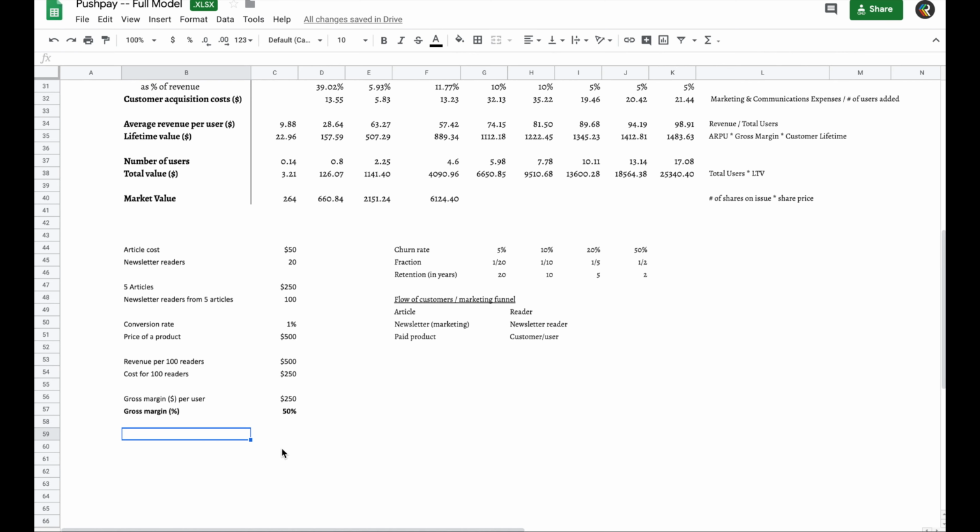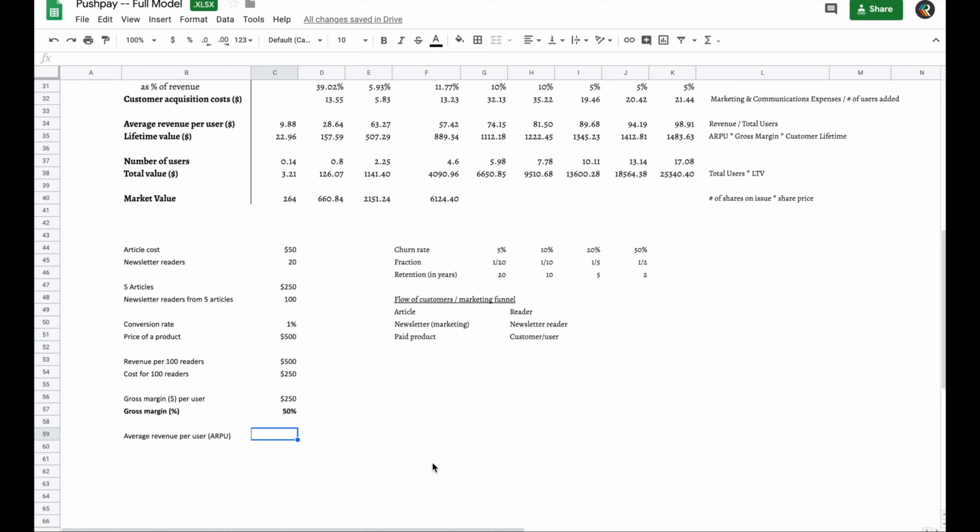Okay, so next thing that we've got to do is what's the average revenue per user? So ARPU, average revenue per user. Now, we know this is very simple, right? We know that it's $500 because I said to you before, there's only 1% of people coming through. 1% of people out of 100 gets us to $500 revenue.